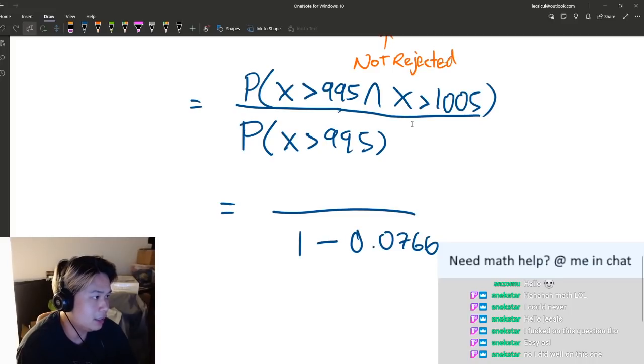This is kind of a funny intersection. If you are greater than 995 and you are also greater than 1005, the intersection of these two things is just this one. So this just reduces to this probability.